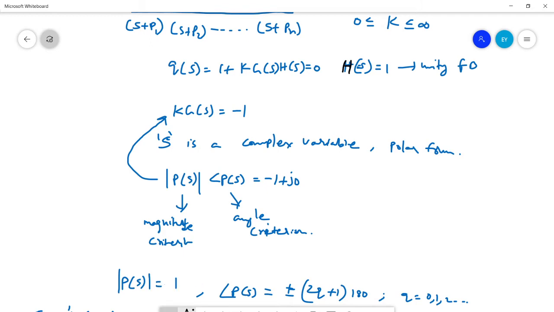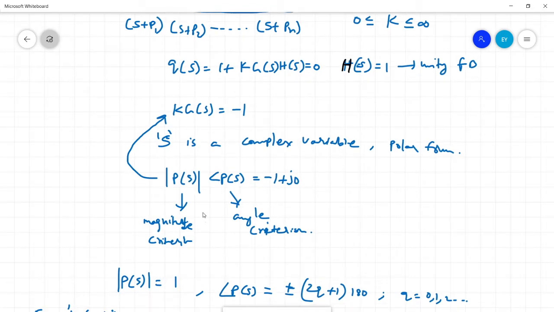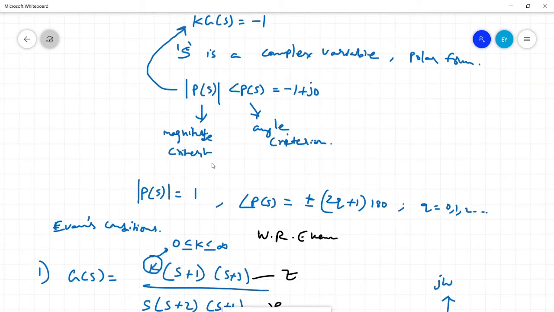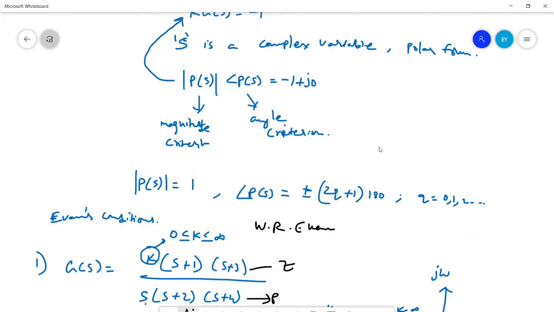The important point to consider here is that this root locus was introduced to us by W. R. Evans.